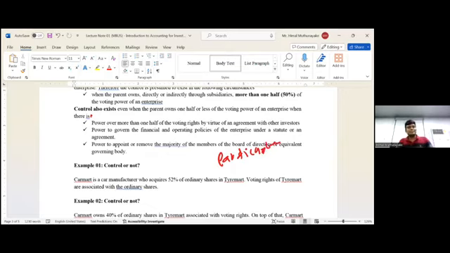When it comes to the associate, you are participating in the decisions. When it comes to the subsidiary, you actually have the power to control the decisions, right? Associate, you are participating. Subsidiary, you are controlling. So that is the difference, right?